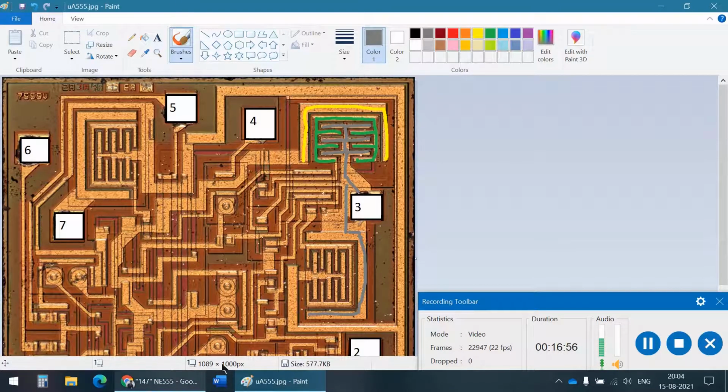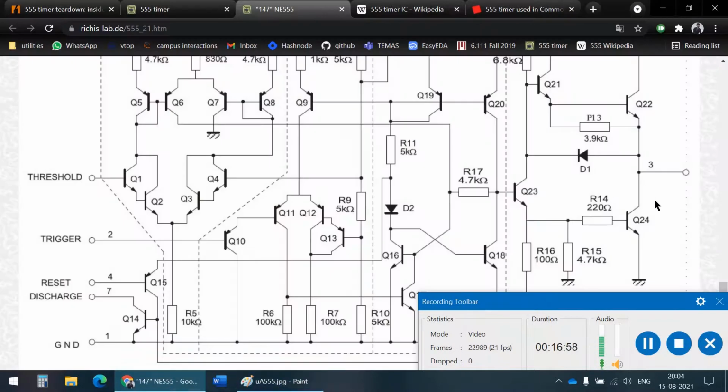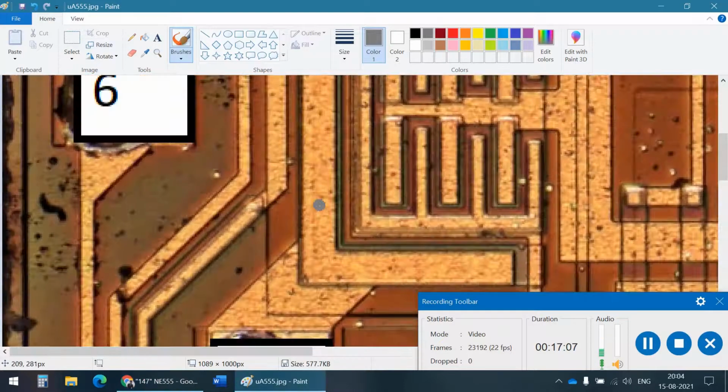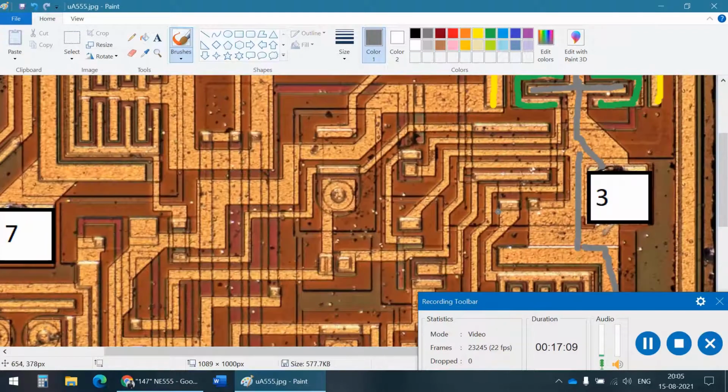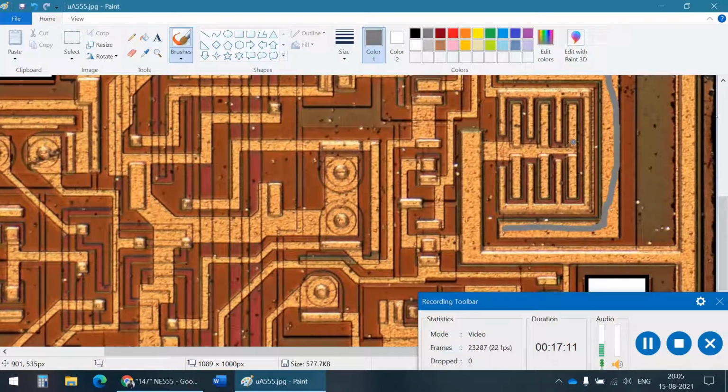Let's just confirm that. Let's see where the emitter of Q24 is connected. It's connected to ground, so here this must also be connected to ground. Is it connected to ground?